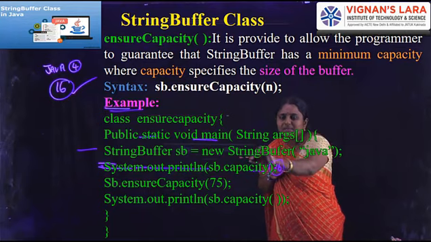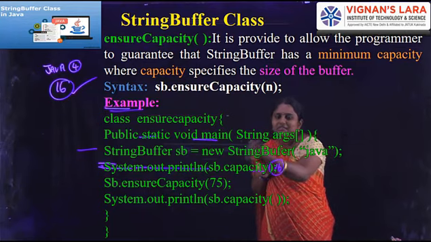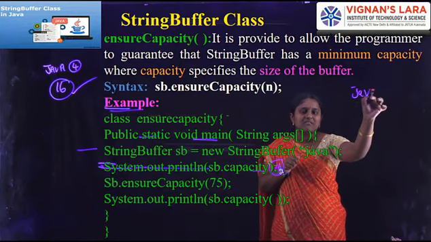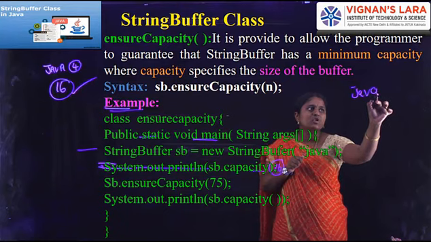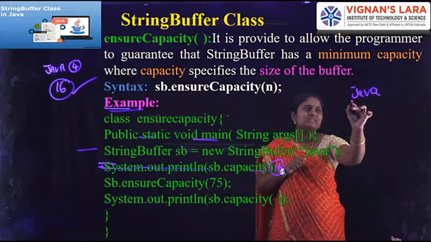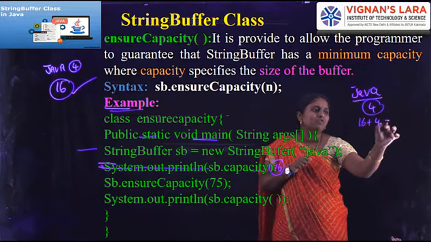But in the StringBuffer class, I have passed one string, and the given string is Java. The initial capacity of the StringBuffer class is 16. What is the length of this given string? 4. 16 plus 4 equals 20.